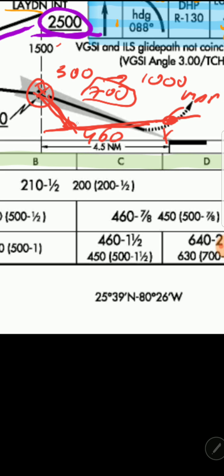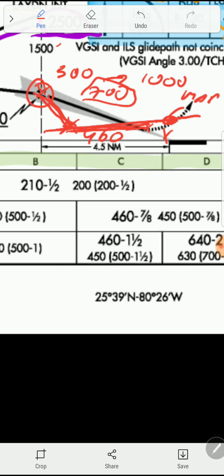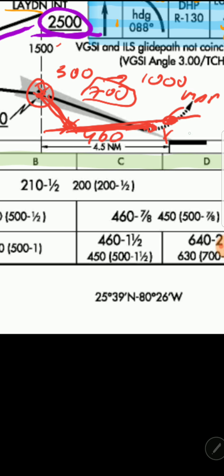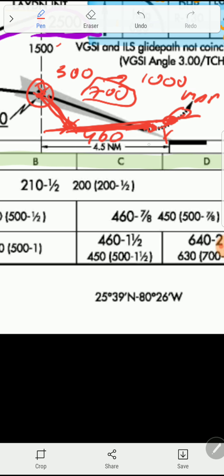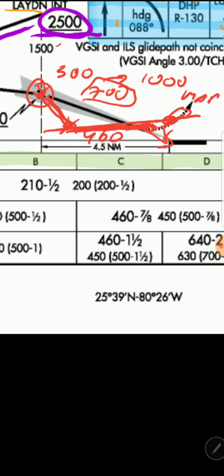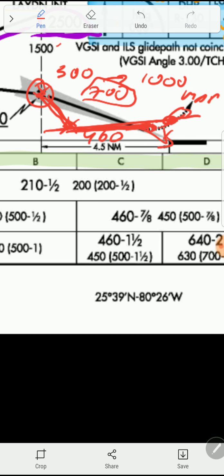So I can level off at 460 feet for about 3 minutes. Between the final approach fix and the missed approach point, it has to be 3 minutes. If those 3 minutes take you down here and you don't see the runway, you go missed. If you do see the runway, you just continue to land. Okay? That's what a missed approach point is.